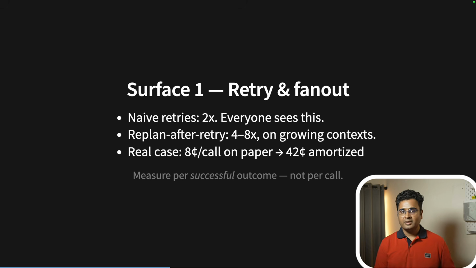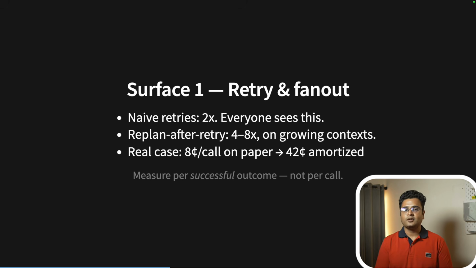Each call's context window grows as the trace accumulates. So as you can clearly see, you're not just paying 7x, you are paying 7x on progressively larger input. Now it starts compounding.